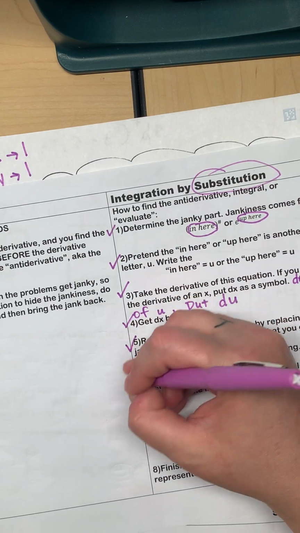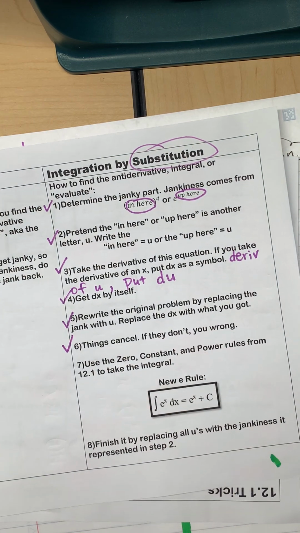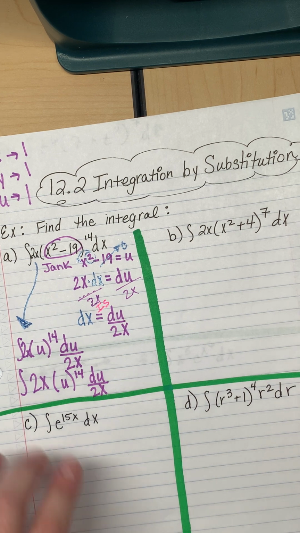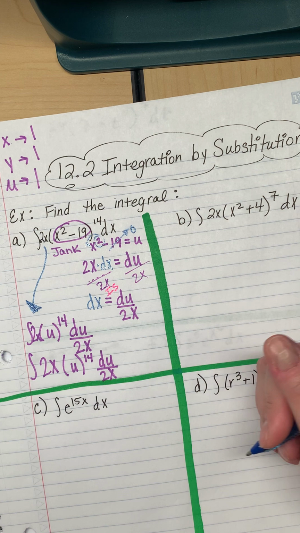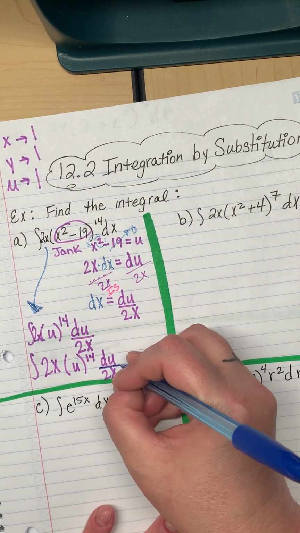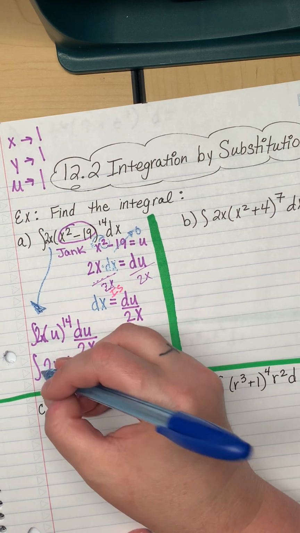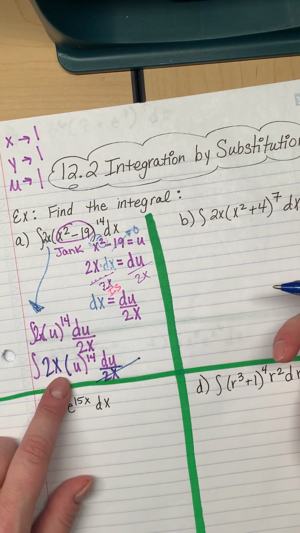Woohoo! Step 6, it said things cancel. If they don't, you're wrong. This is how I knew I was wrong a minute ago, because I didn't write it correctly, because now things cancel. So this divide by 2x cancels with this 2x at the front that's next to the parentheses.